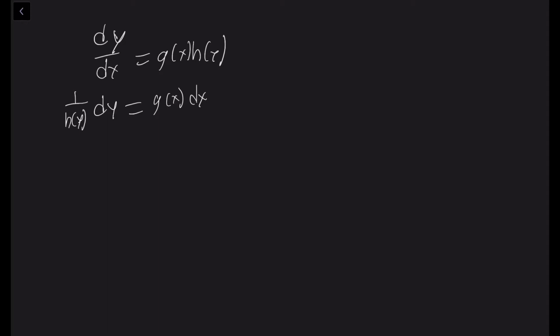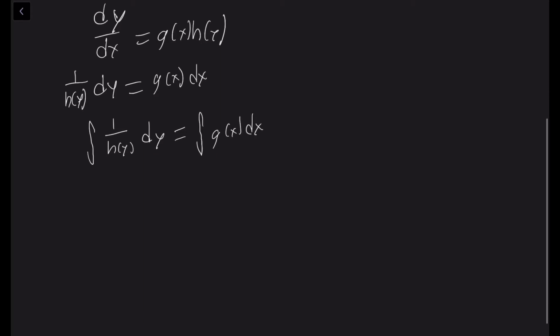Alright, so now our next step would be to integrate the equation. And to integrate it, we're going to integrate on both sides. And here we're going to be adding plus c.